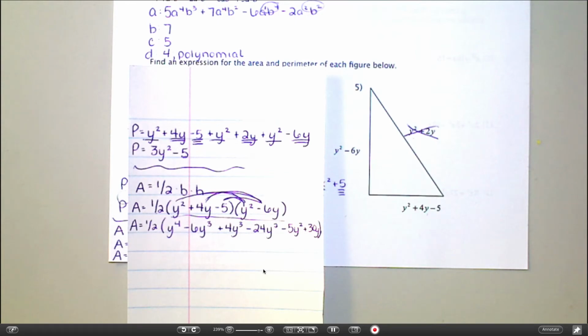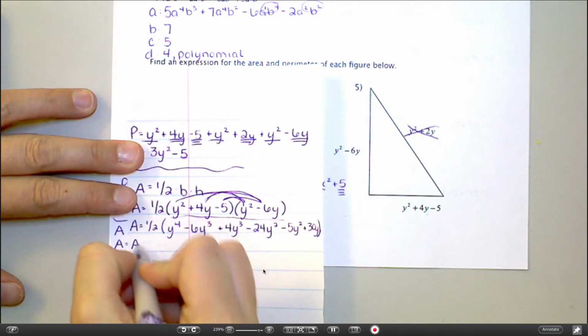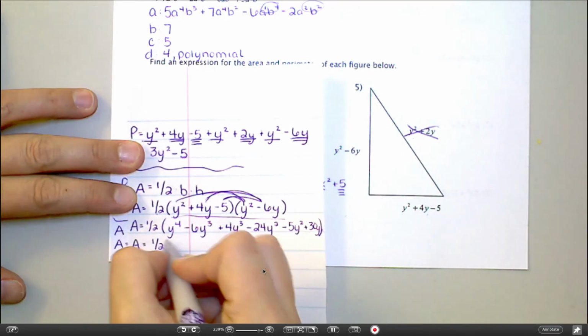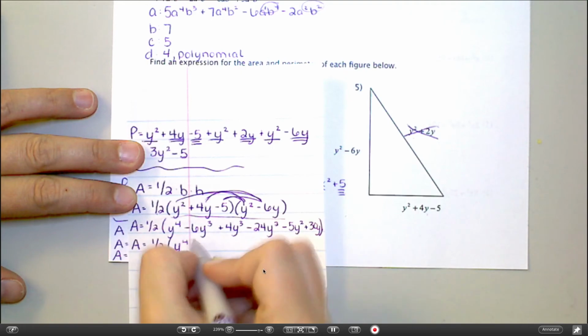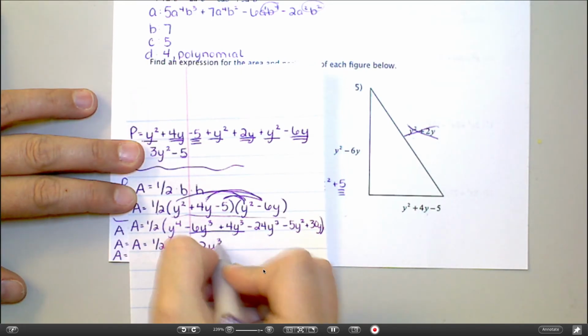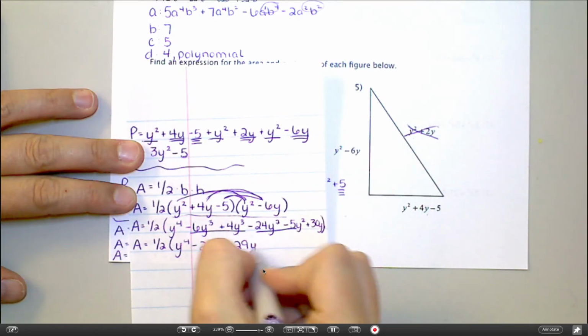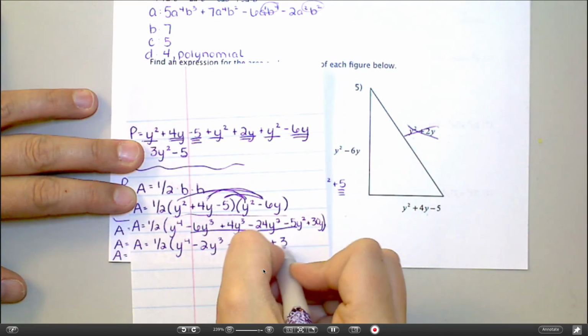Okay. So I just multiplied the parentheses. I'm going to go ahead and clean it up. I'm going to put together the things that go together. So 1/2, and then I've got a y to the fourth. I'm going to put together my y cubed, so minus 2y cubed. Put together my y squareds, minus 29y squared, and then plus 30y.